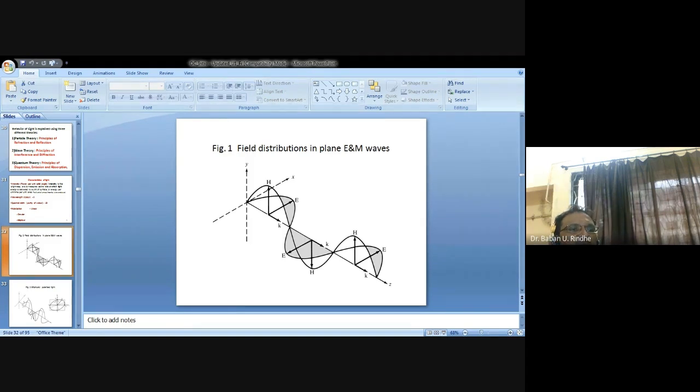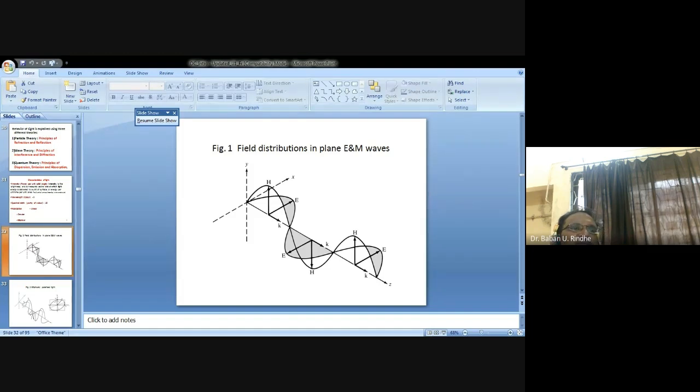Here we are showing the electric field and the magnetic field, perpendicular to each other. Light propagates along the z-axis, but the light has electric and magnetic fields that are perpendicular to each other.